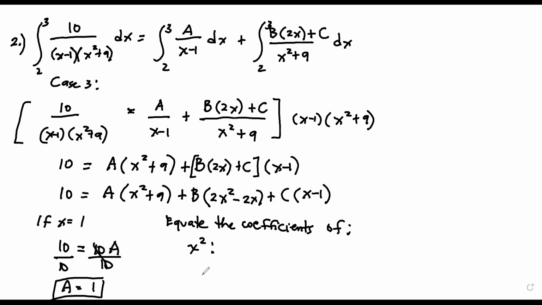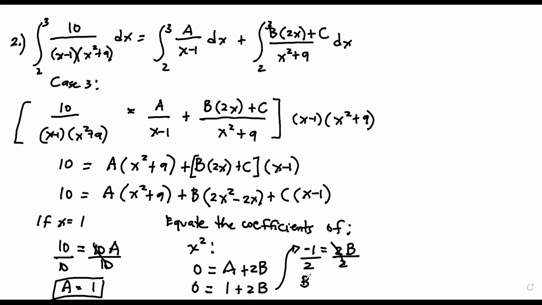For x squared, so we will have 0 equals A plus 2B. 0 equals A, that is equal to 1 plus 2B. So we will have negative 1 equals 2B. Divide both sides by 2. So B, that is equal to negative 1 half.